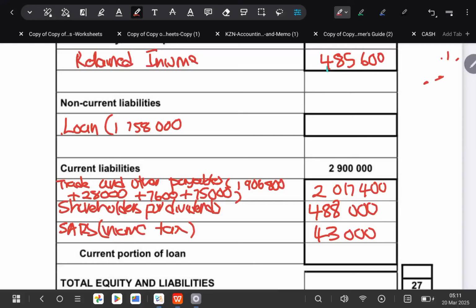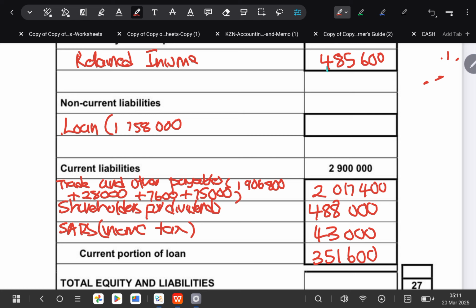Okay, let me see. 2,900,000 minus 2,017,400, subtract 488,000, and also subtract 43,000. It's giving me 351,600. So we'll have 351,600 as our current portion of the loan.